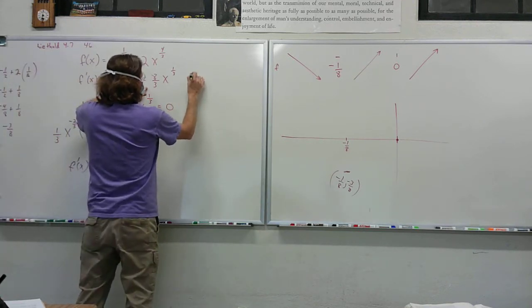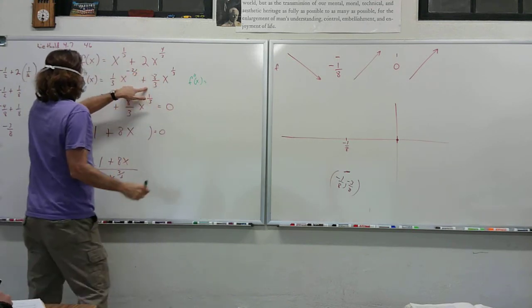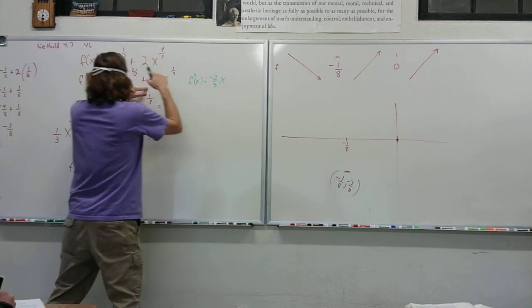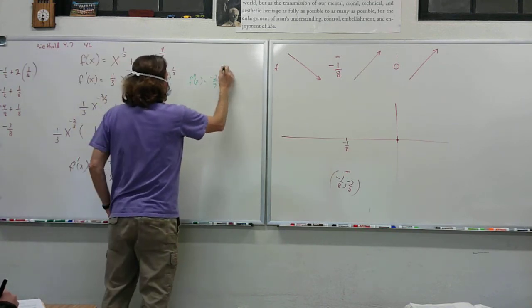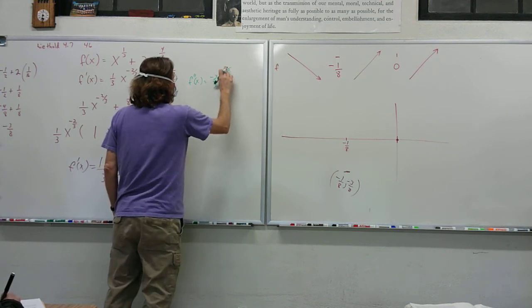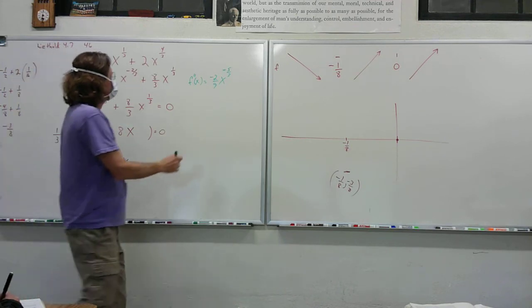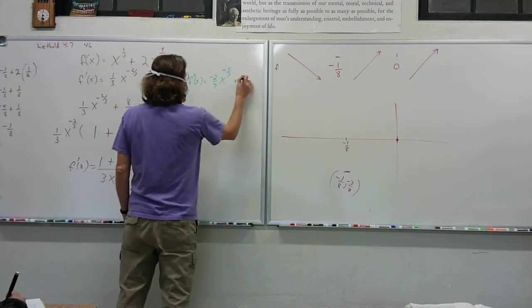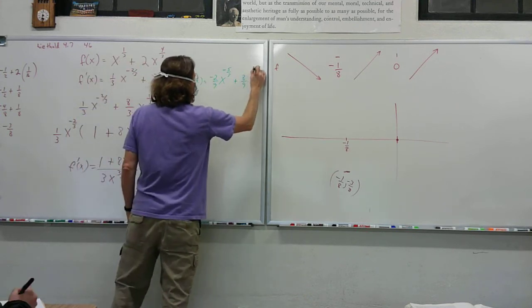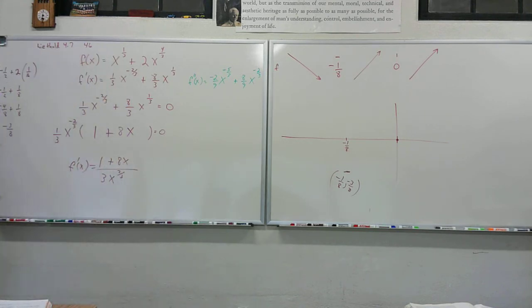F double prime of x equals negative 2/3 times 1/3 is negative 2/9, x to the power of 1 subtract 1 is negative 5/3, plus 8/9 x to the negative 2/3. Okay, and there's your second derivative.